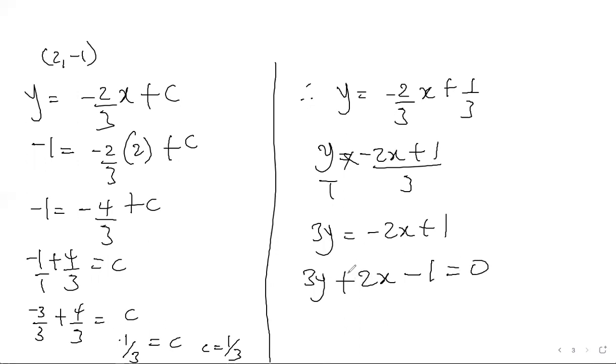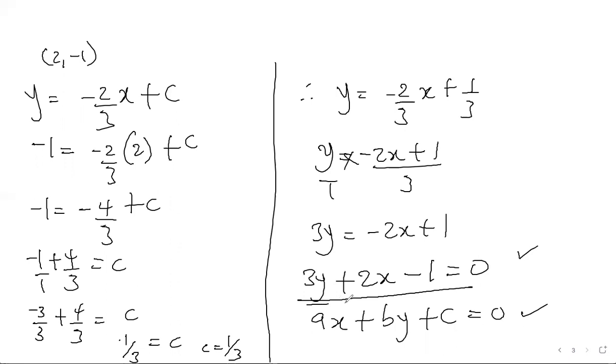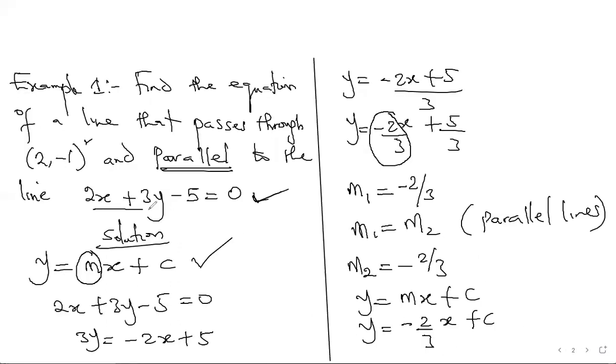So this is the equation in the third form. Remember that form, ax plus by plus c equals 0. So that's the third form I'm talking about. So here, a is 2, b is 3, and c is minus 1. Okay, so this is the equation of the line that is parallel to this line and passes through this point.